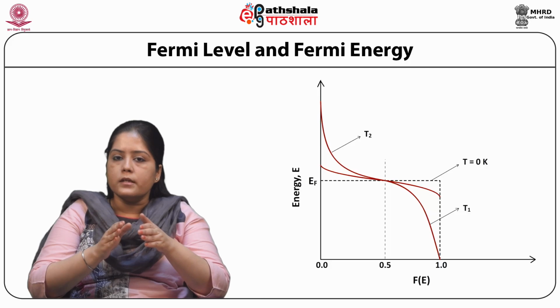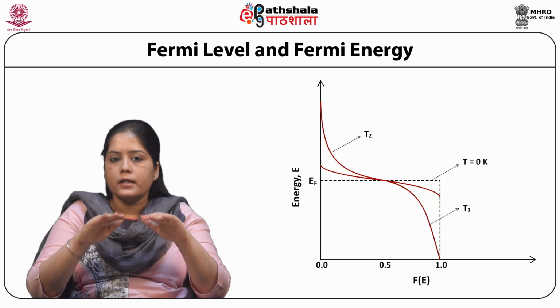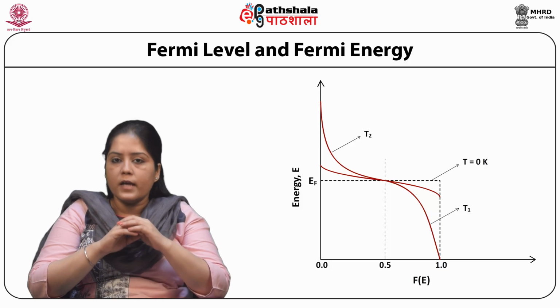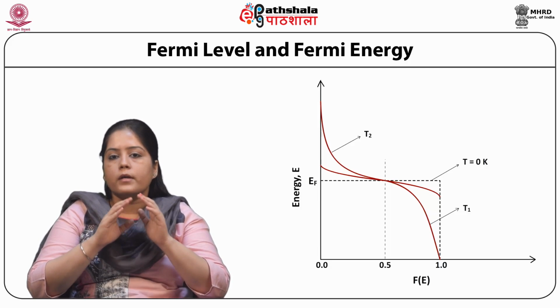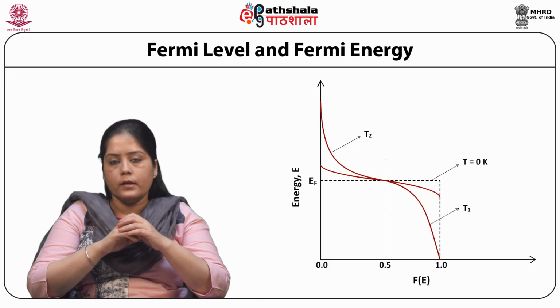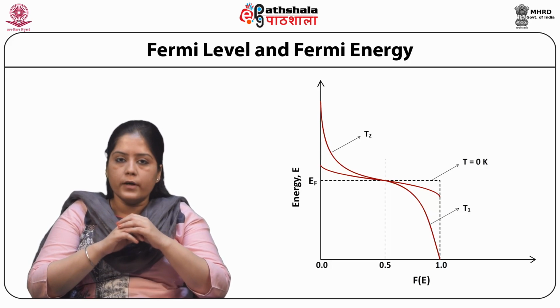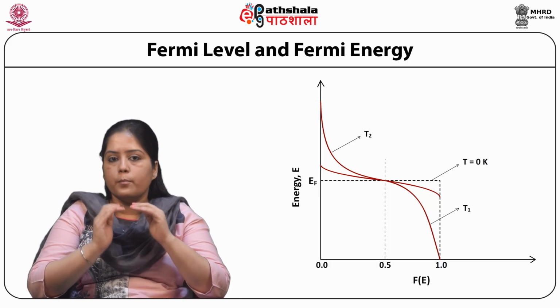The probability of occupation of an energy state at an energy E can be calculated with the help of the Fermi-Dirac distribution function, or F(E). The expression for F(E) is given by F(E) equals 1 by 1 plus exponential of (E minus EF) by kT.